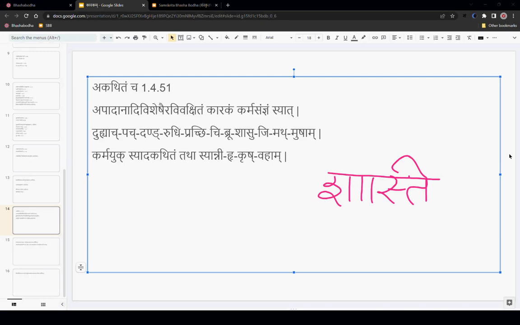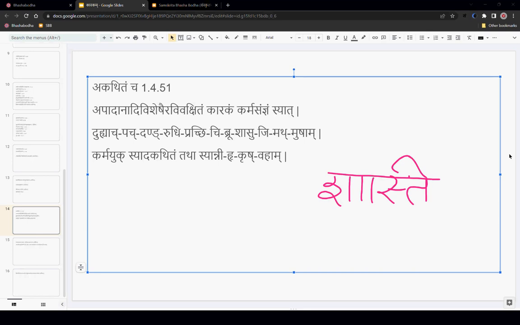Shishya is one who learns, or pupil. So somebody is teaching something to somebody. Right? So, udaharanam kim atra? So here shasti means something is teaching, and that teaching is benefiting someone.